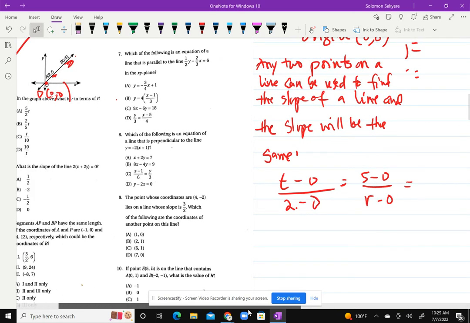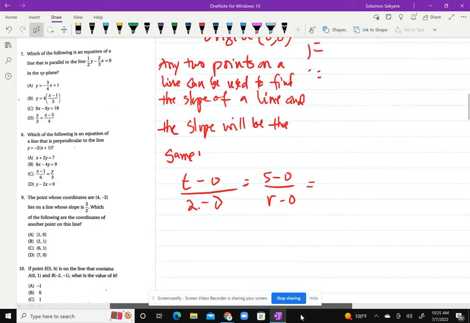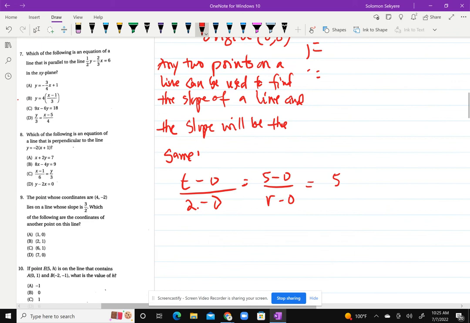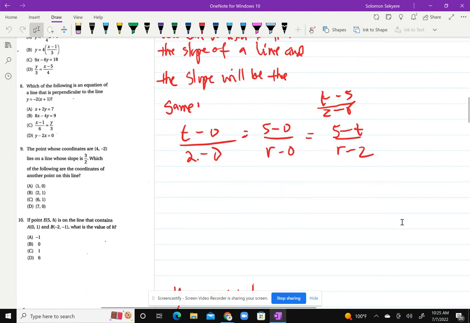So using A and B, I can write 5 minus t over r minus 2, subtracting my y's, or t minus 5 over 2 minus r. Just make sure the y2s and y1s, and the x2s and x1s, match. All these should give you the same answer.